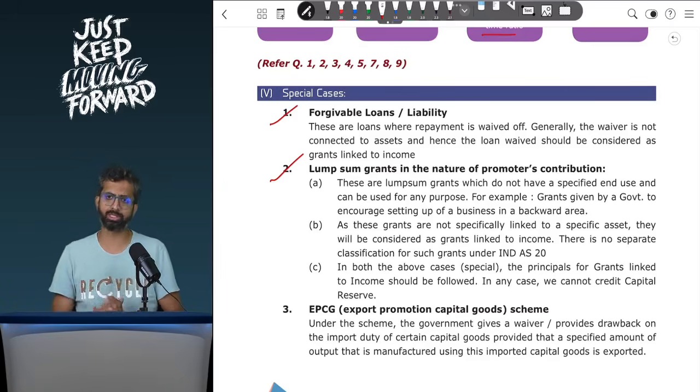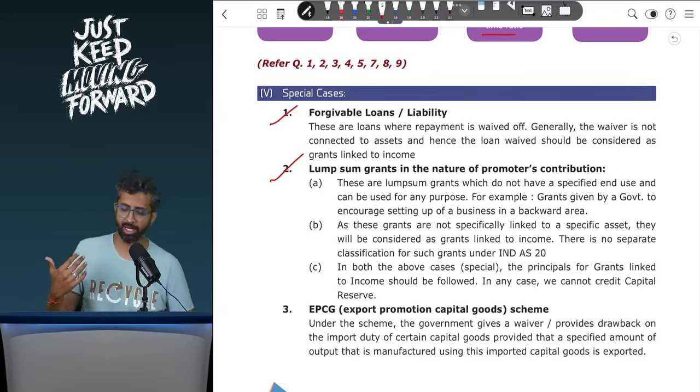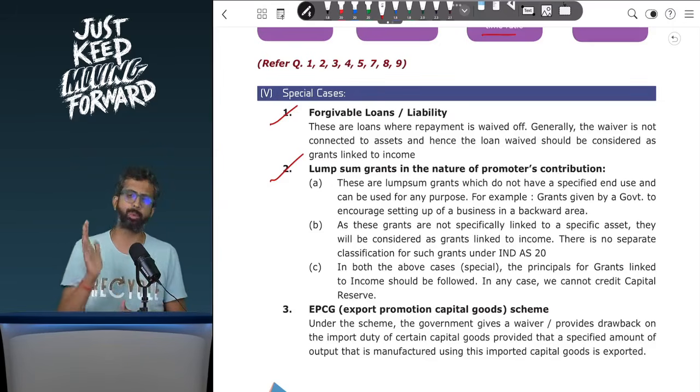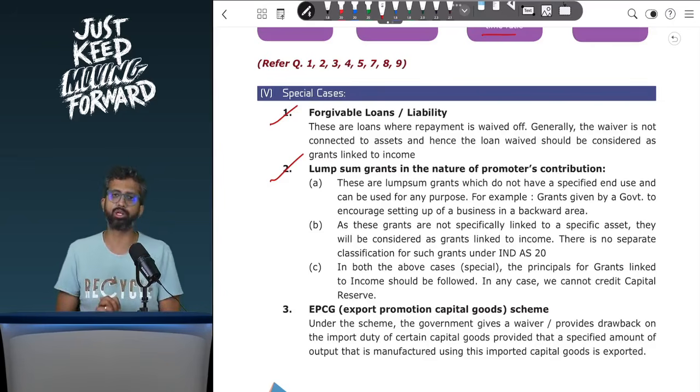If you set up a business over here, we will give you a grant of, let us say, 5 lakh rupees. Now when an entity sets up that business, it gets a grant of 5 lakhs. Now this 5 lakhs is in the nature of promoter's contribution because it can be used for any purpose: to pay salaries to employees, for advertising, for the purpose of buying assets. Because it is not specifically linked to acquisition of a specific asset, this is also treated as a grant linked to income.